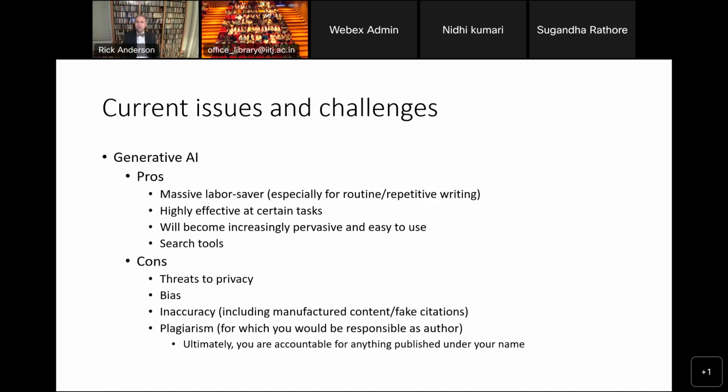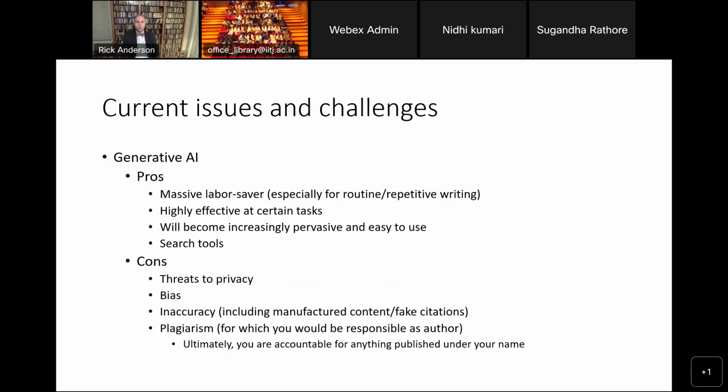So, for example, if I'm applying for a job and I have a generative AI product at my disposal, I might say, write me a cover letter that I can use to apply for the job of X. And then starting with whatever the AI generates, I can then edit it and change it and make it a genuine expression of my own self, but I've got something to work with, and that makes it easier to do.